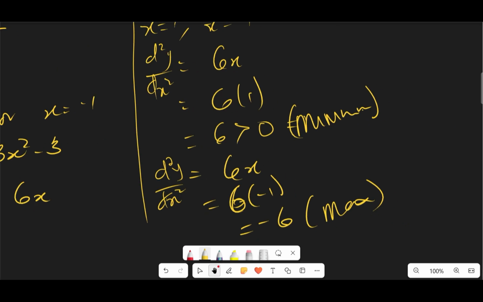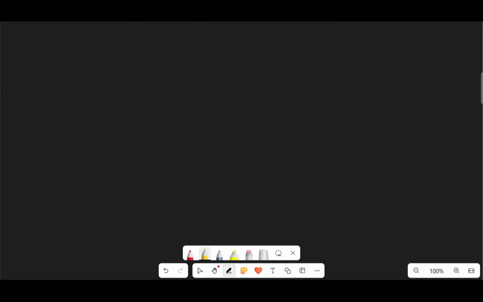Now let's move to implicit functions. All right, so let's take our first example. Find dy/dx for x squared plus y squared equal to 25.